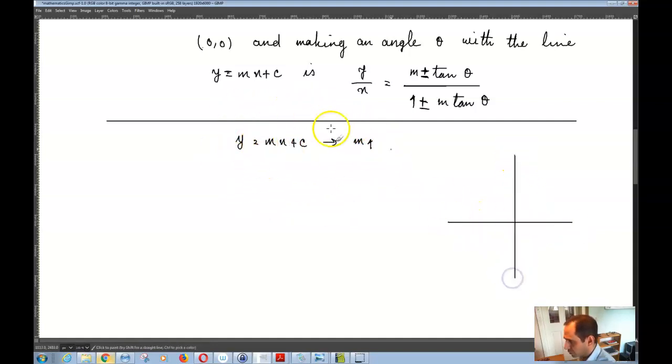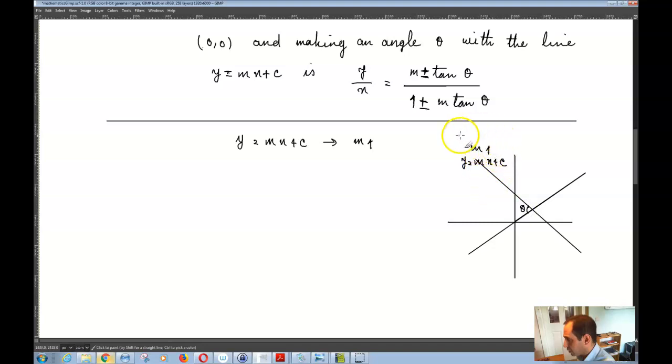Suppose there is some other line that goes through the origin and makes an angle of theta with this line.